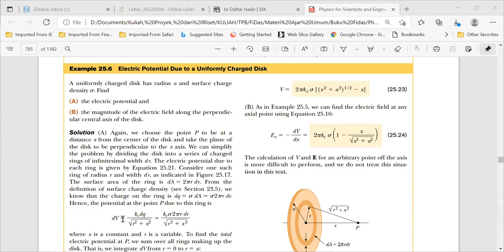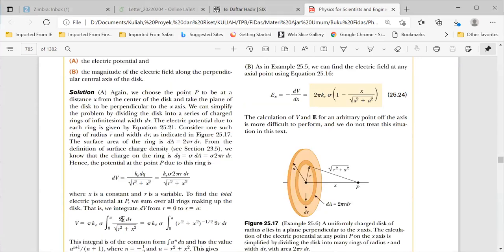Okay, so we just use this formula here: dV equals k dq over the square root of r squared plus x squared. This r here, if you see from figure 25.17, is the radius of the infinitesimal charged ring.